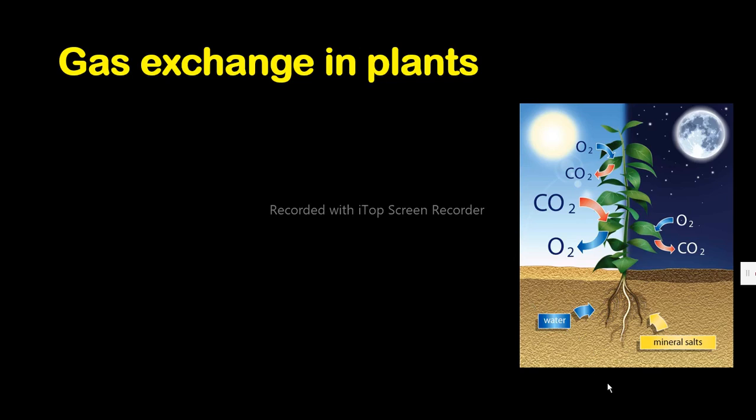So that's basically how these tiny plants, these Spirogyra, do their thing. But plants also can do the same, depending on the external conditions.